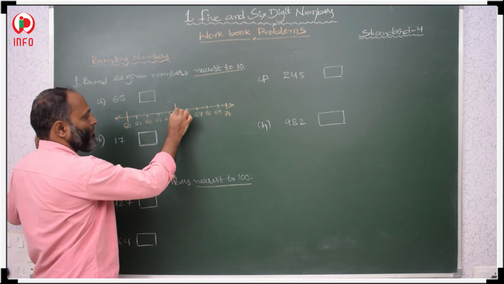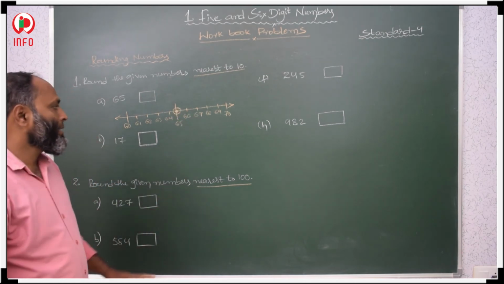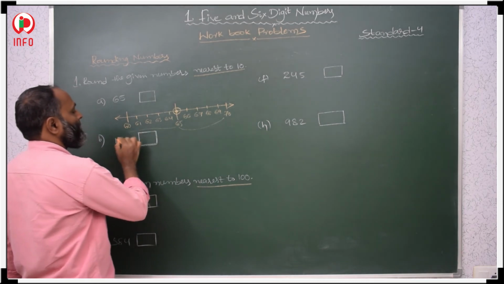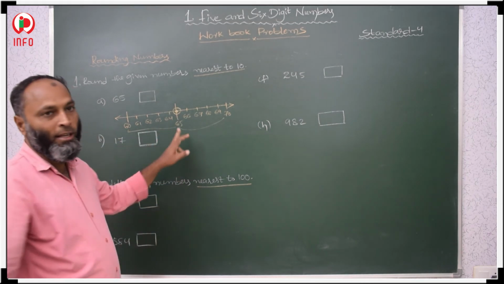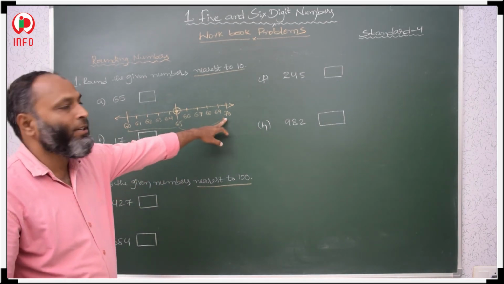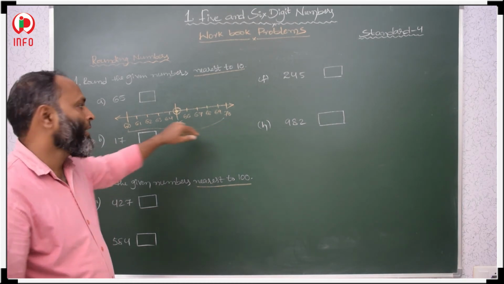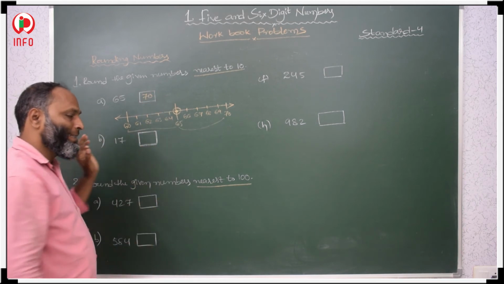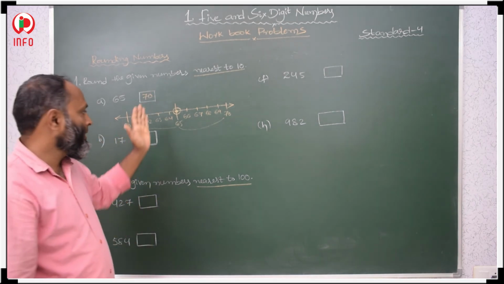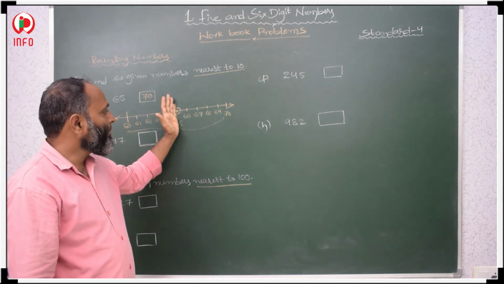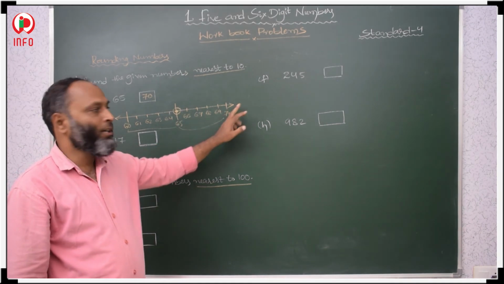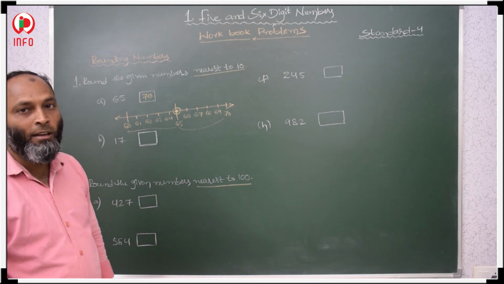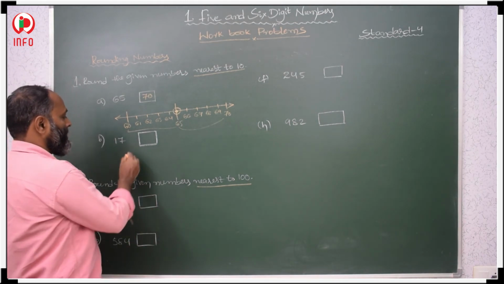If a number is exactly in the middle, so it is equal to both, then we have to take 70. So it is near to 70. If a number is exactly in the middle, then we give the preference to the right value. So what is that? 70. So we have to take 70.